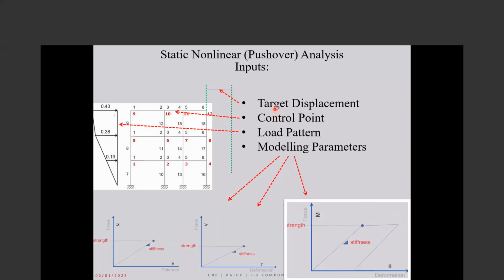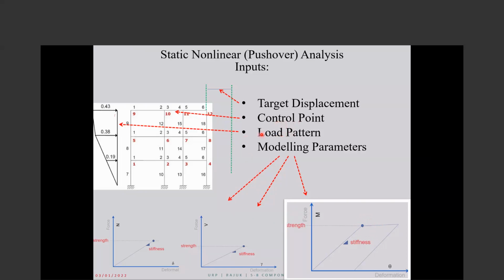The building reaches the target displacement, but some of the deformation control parameters will pass their limit and get damaged, and we assign the performance level of the building based on their damages, as we will explain later.